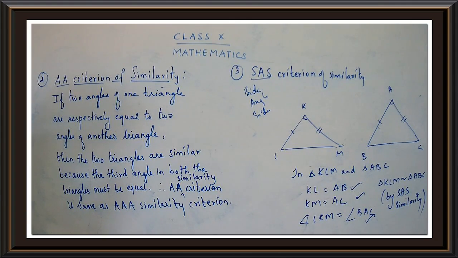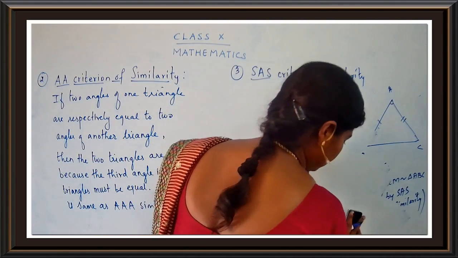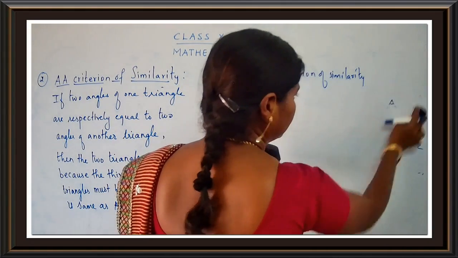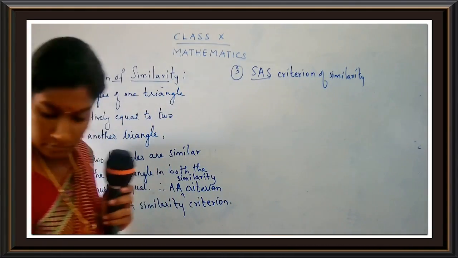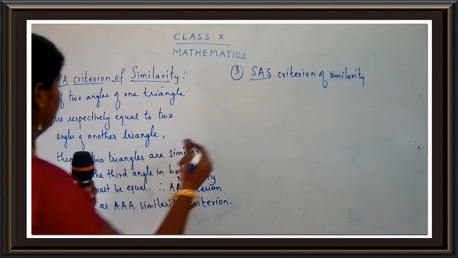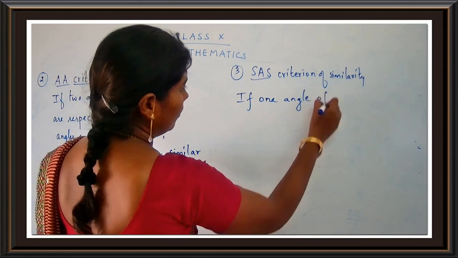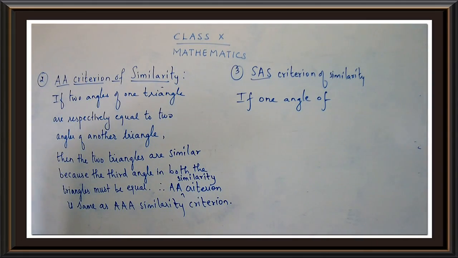If one angle of a triangle, you can just refer the definition from page 159. If one angle of a triangle is equal to one angle of another triangle.